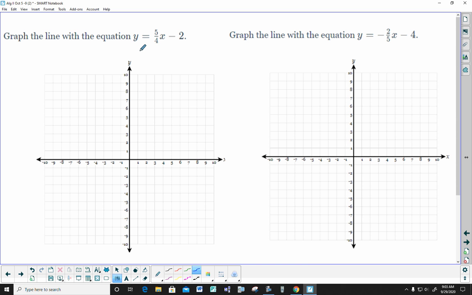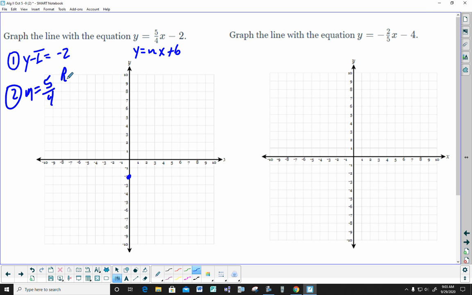So this one, they're going after the y equals mx plus b. The y-intercept is the first thing you do. So the y-intercept, in this case, is -2. So you stay on the y-axis, and you go to -2, and you put the dot. Then you pull out the slope. The slope is the coefficient on x, so 5/4.